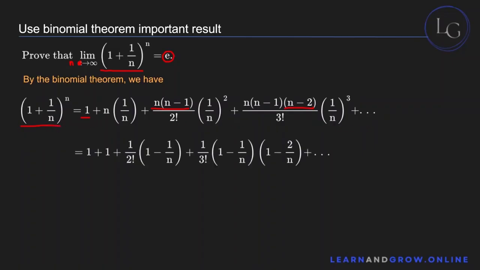Now, when you take some terms common, it will help, because this n and this n cancel out and you're left with 1 over here as well. Okay, and you can write this term down as 1 over 2 factorial. So you can take this 1 and this 2 factorial outside, and then just multiply this.